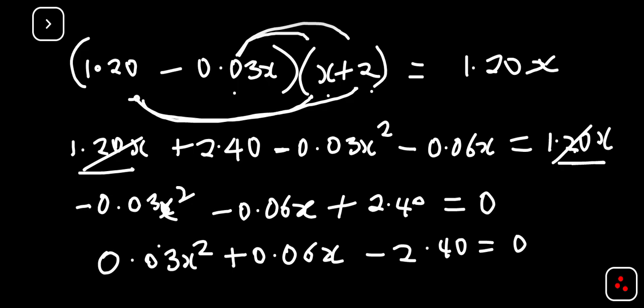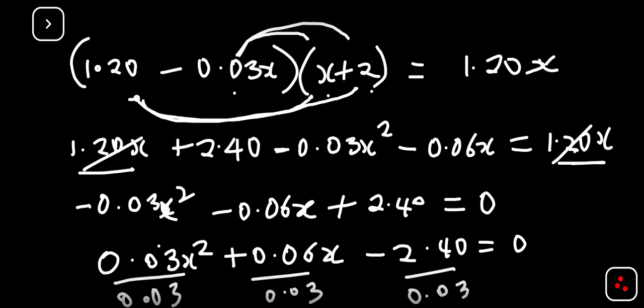So I'll divide through by 0.03 to reduce this to the lowest terms. You will understand why I'm doing it at some point.